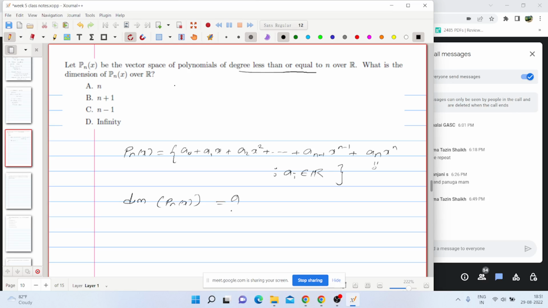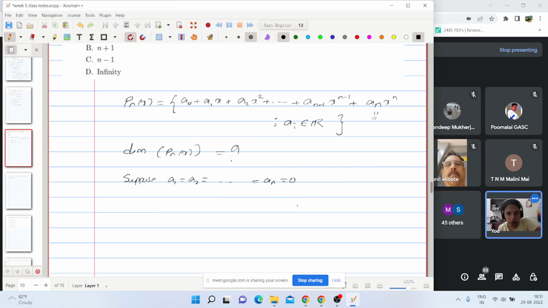Suppose a1, a2, etc. up to an are all 0 and a0 is a non-zero element. That means we have a polynomial f(x) equal to a0, that is a constant polynomial.